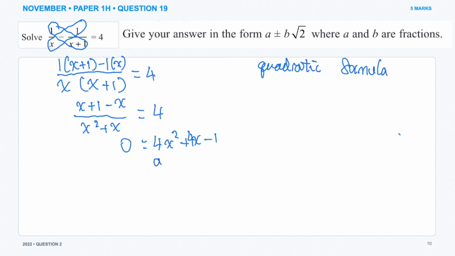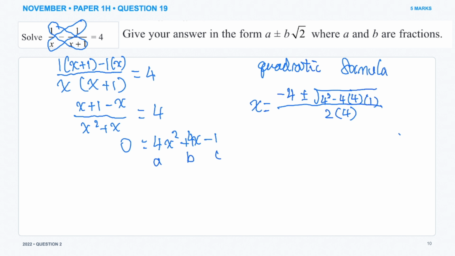We have a as 4, b as 4 as well, and c as negative 1. So we're going to have negative 4, add or minus square root of 4 squared minus 4 times 4 times negative 1, and we're going to have all over 2 multiplied by 4.